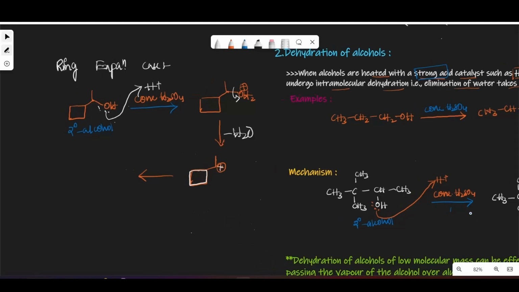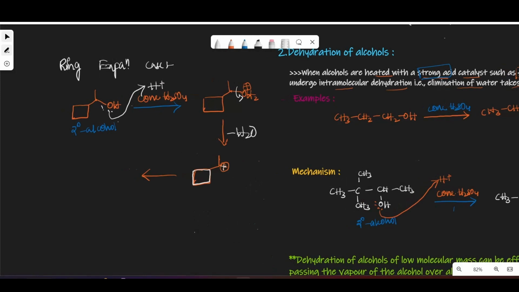So for our easy understanding, just give marking like 1, 2, 3, 1, 2, 3, 4, 5, 6. If you give numbering then you won't make any mistake in this ring expansion.